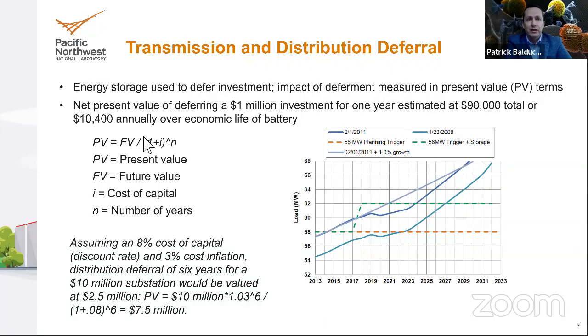But in very simplistic terms, as you can see here, if you can defer an investment in a distribution substation for 6 years, you can see the cost of that substation increasing by 3%, but when you use the weighted cost of capital in the denominator as the discount rate, you can see that it reduces the cost in present value terms by 25%. And this is how you account for this in utility accounting or economics.